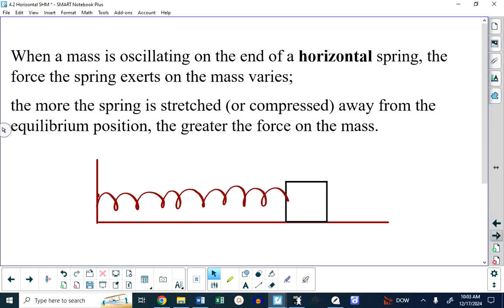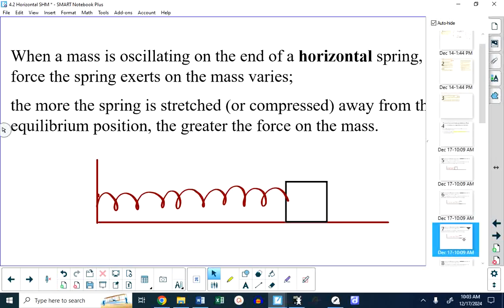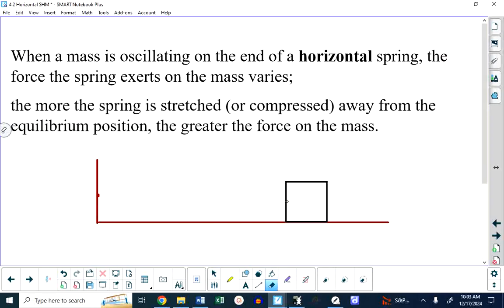But the point is this, that when I release it, at that instant that I release it, is there a force acting on the mass by the spring? Yes, the spring is pulling it back to the left. A short time later, the mass will be here.